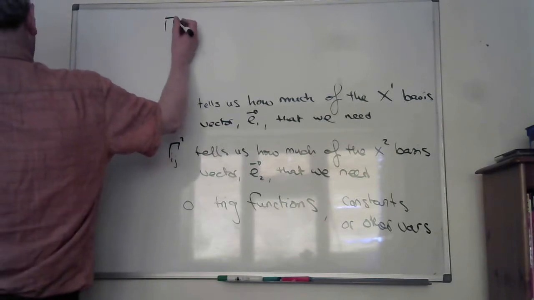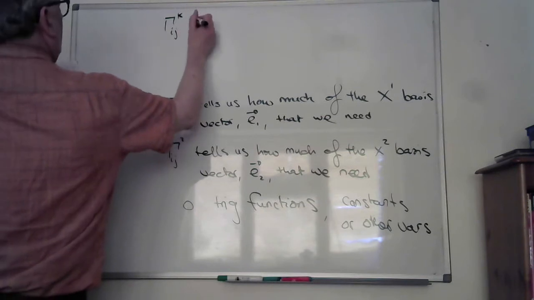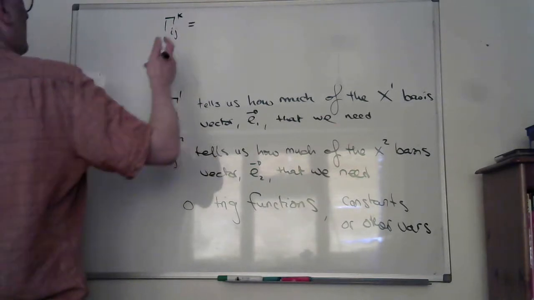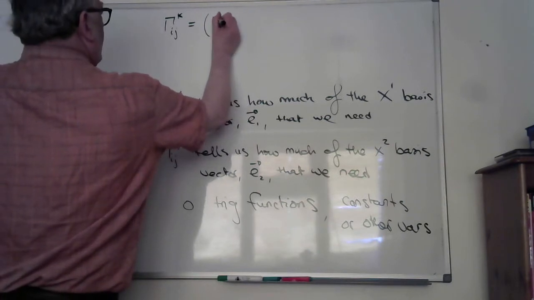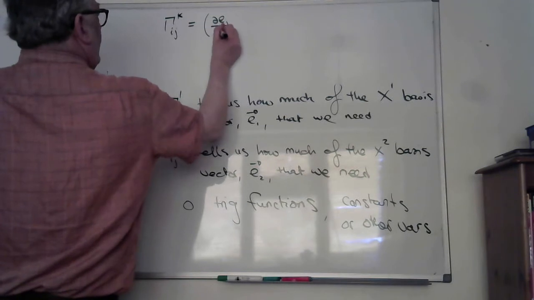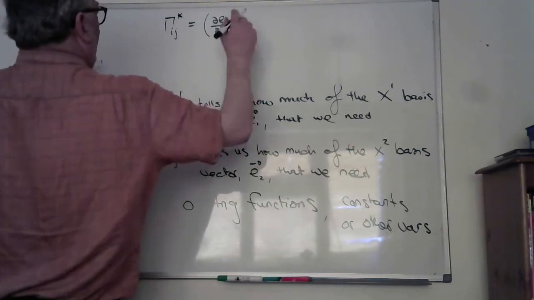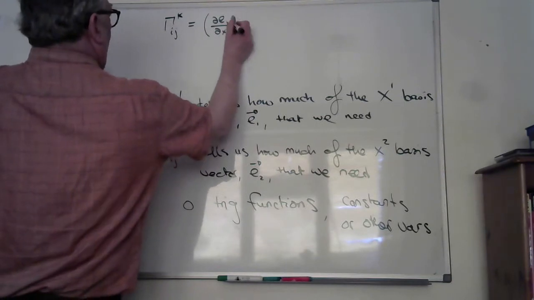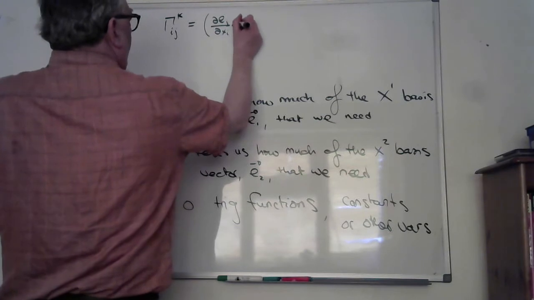Gamma ijk is equal to this expression, dEj by dxi. Oh, excuse me, it's in the wrong place. The i goes down there, it's sub i this time, but you'll see why that is eventually.